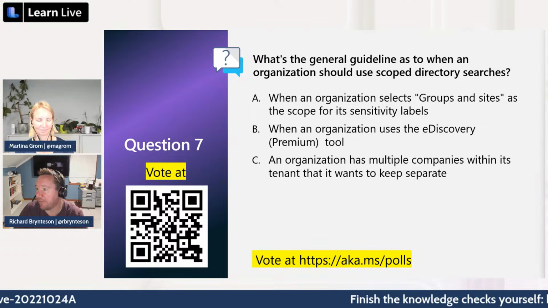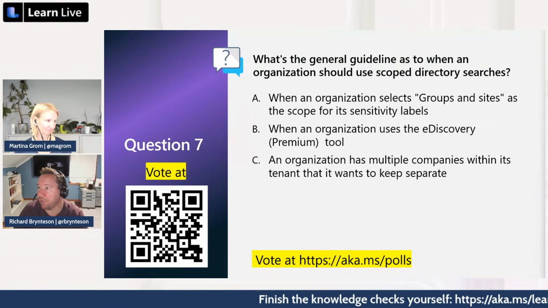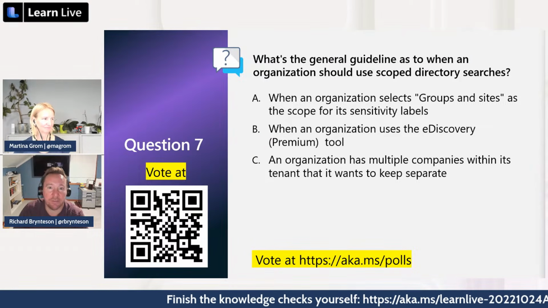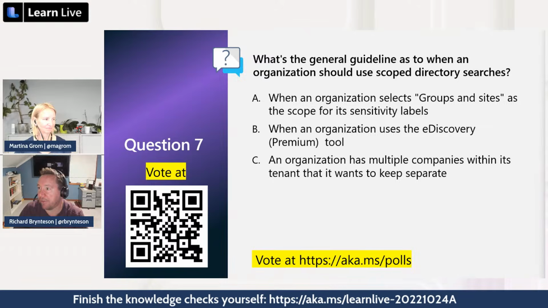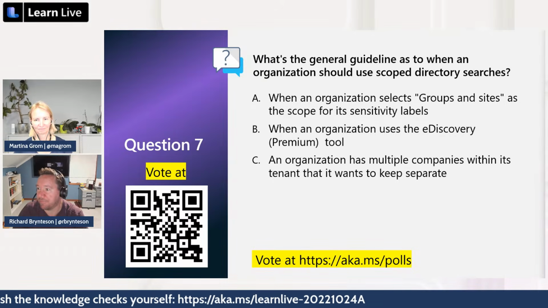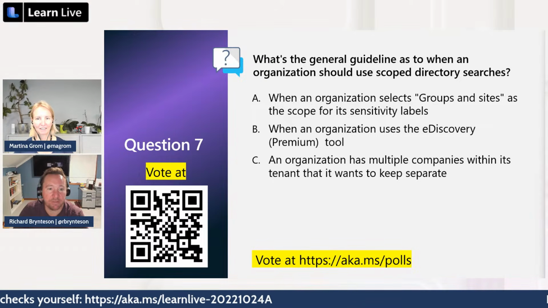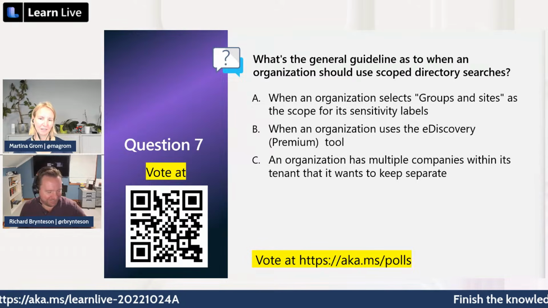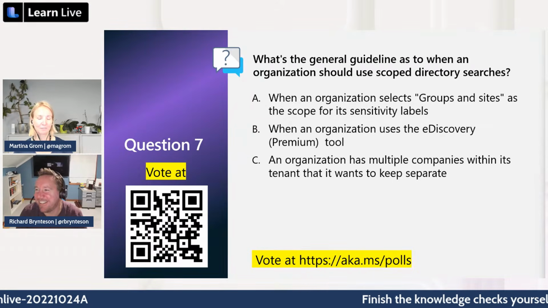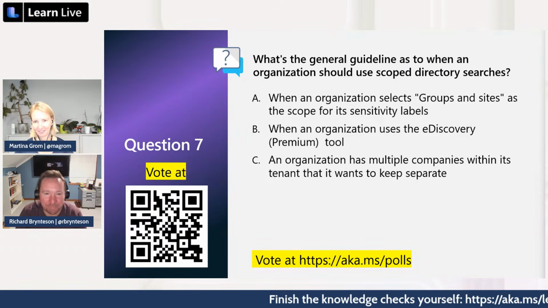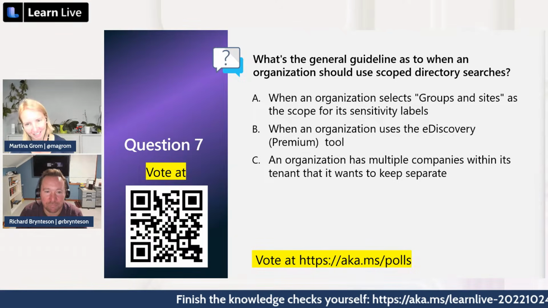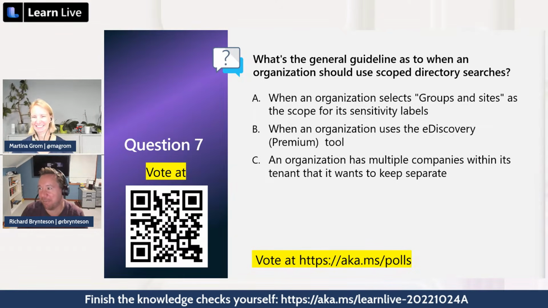So what are the instances in which we would want to use the idea of scoped directory searches? We definitely talked about that one. It's the first step before you can do that thing. Correct. Yep, absolutely.